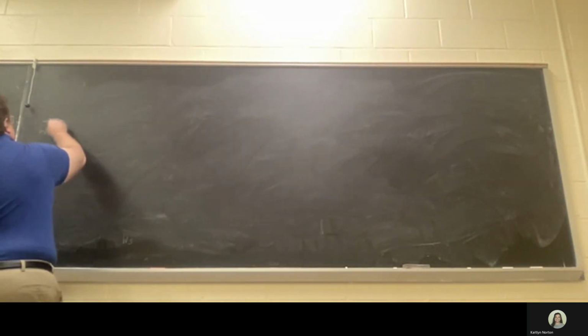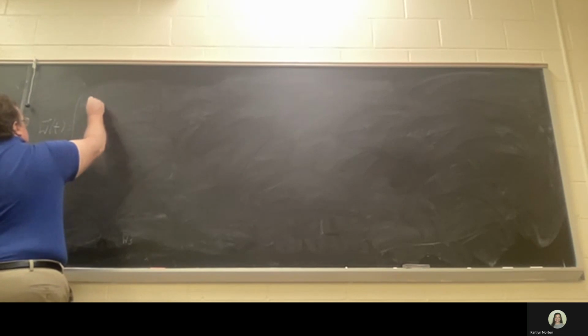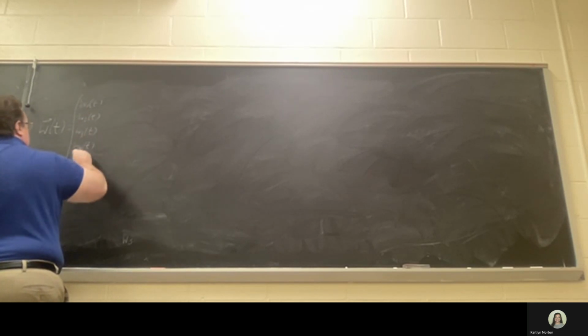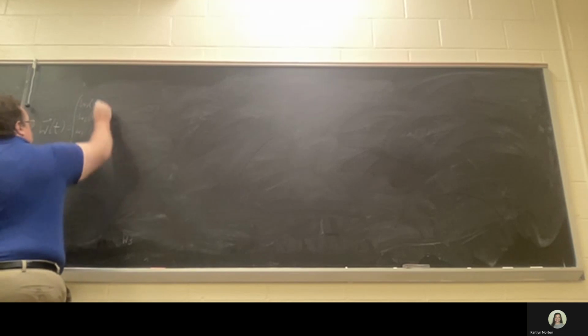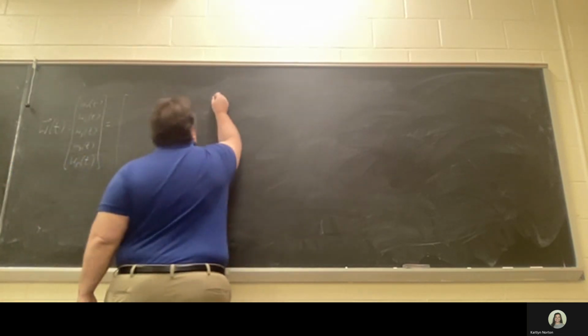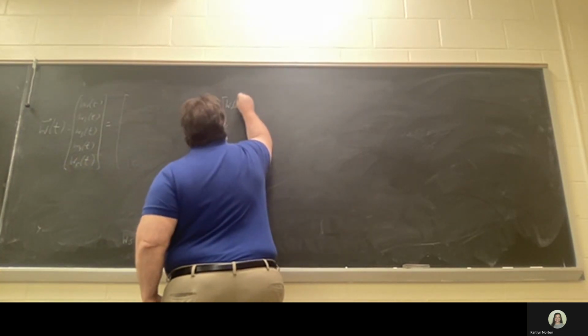So W(t), the vector, consists of all 5 unknowns. I want to express this as a matrix times the vector of initial values of those 5 unknowns.